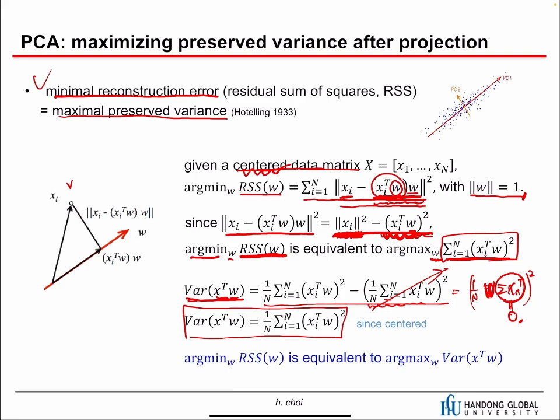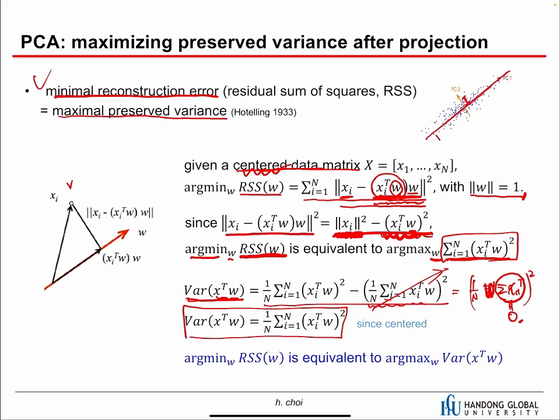Minimal reconstruction error is exactly the same as maximal preserved variance. So this says, when we project our data samples onto one vector, we want to minimize this error after projection. Or this is exactly the same as we want to maximize the preserved variance.